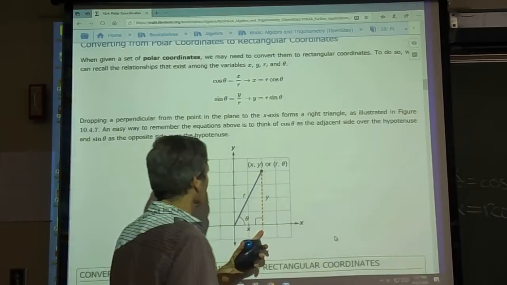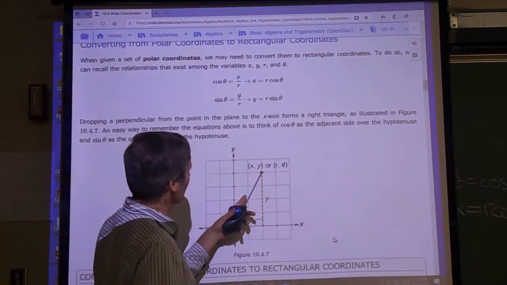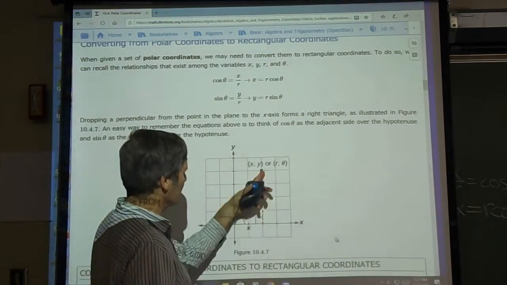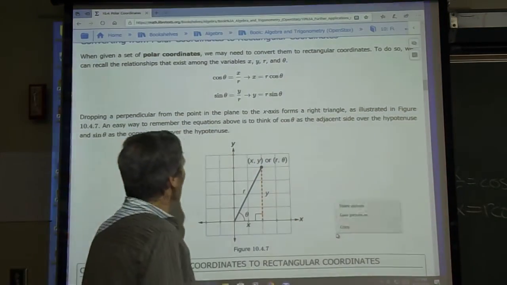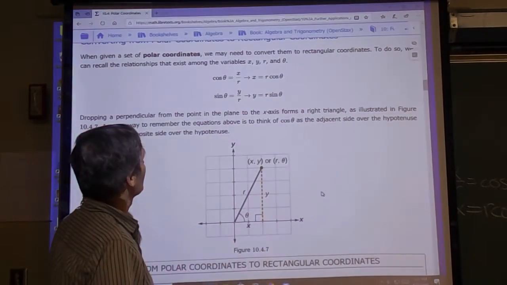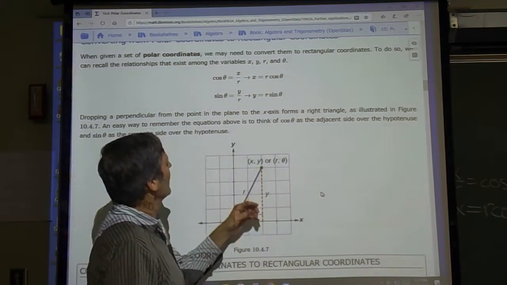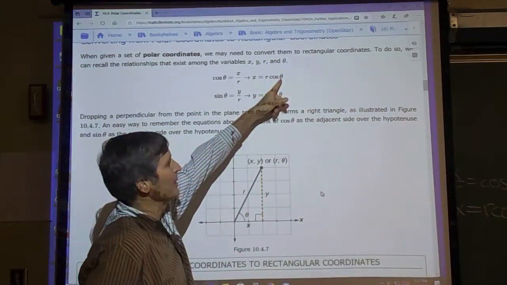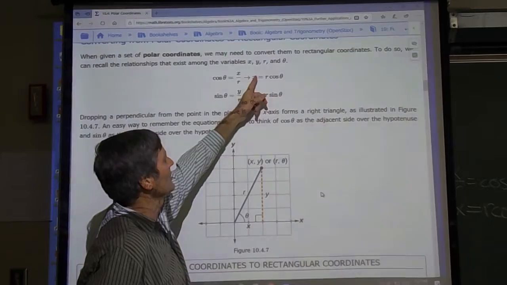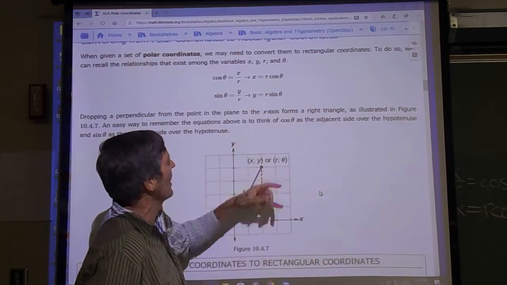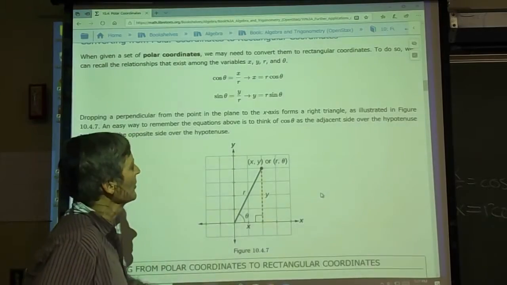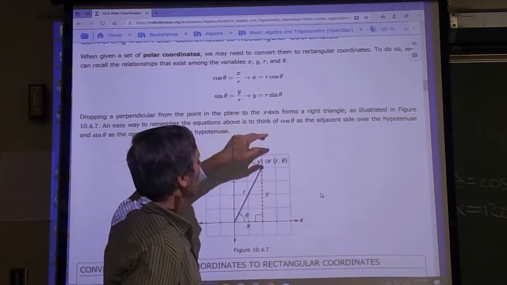Similarly, since y over r is sine theta, y must be equal to r sine theta. So that tells us that the conversion from r and theta polar coordinates to rectangular coordinates is to set x equal to r cosine theta, y equal to r sine theta. That's converting in one direction. Given r and theta, I can find x and y.